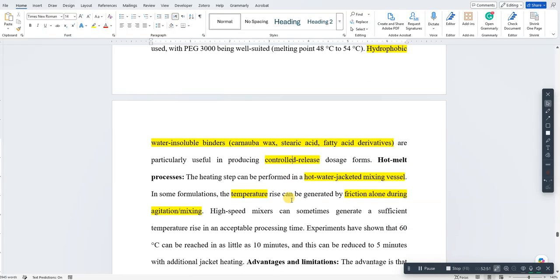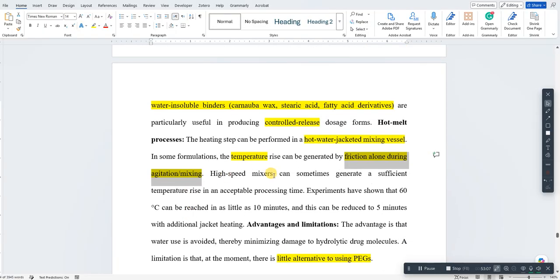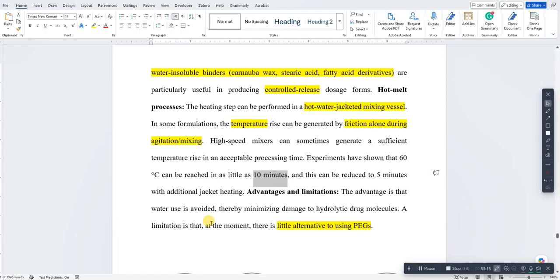How do we do the melting? It can happen with hot water jacketed vessels that increase the temperature of the formulation, or it can even happen without that through mixing and agitation, where agitation causes the temperature to increase, reaching, for example, 60 degrees Celsius in as little as 10 minutes.